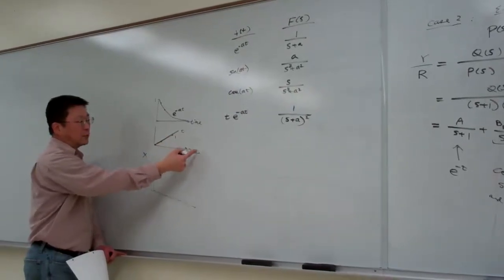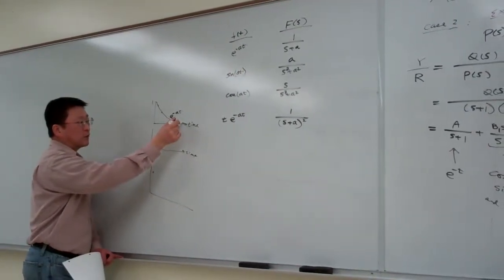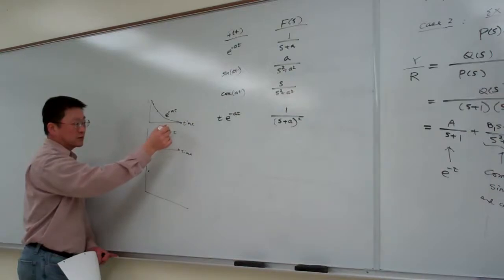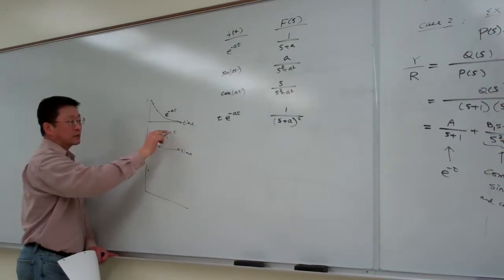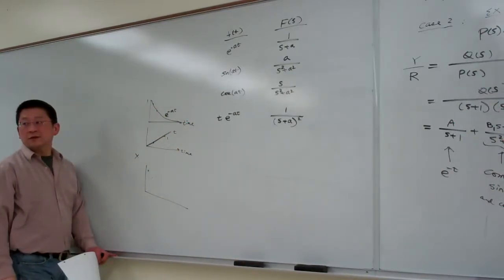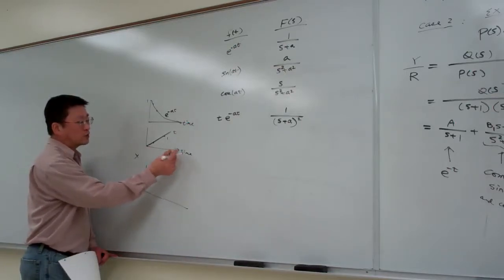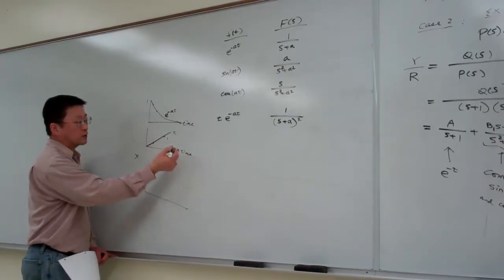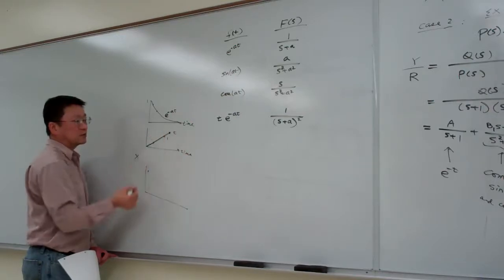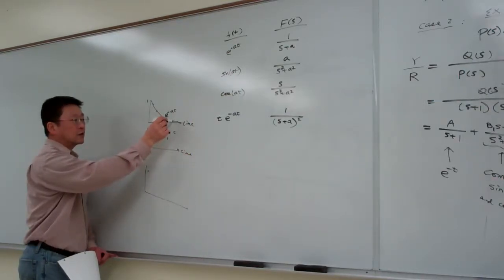When time approaches infinity, this one decays to 0 faster than this number goes to infinity. So when time gets very large, we multiply a certain finite number with another number.